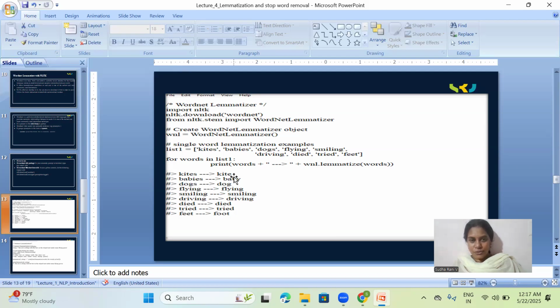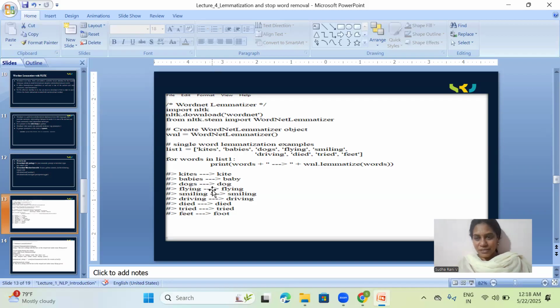Now we are generating the root or base word by using lemmatization. Kites gives kite, babies gives baby, dogs gives dog, smiling stays smiling, driving stays driving, died stays died, tried stays tried, feet gives foot. These are some examples of lemmatization. It's very easy and simple to perform lemmatization in the Python programming language.